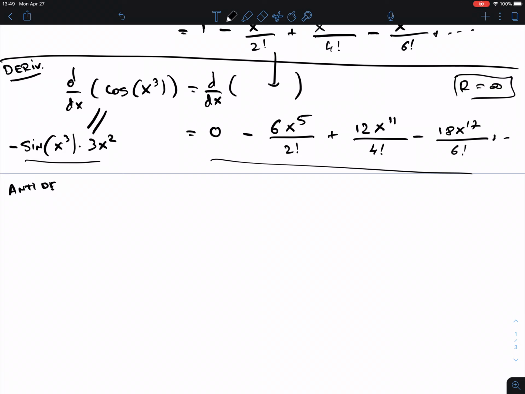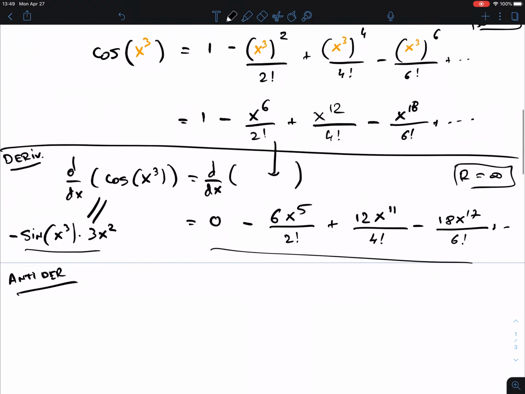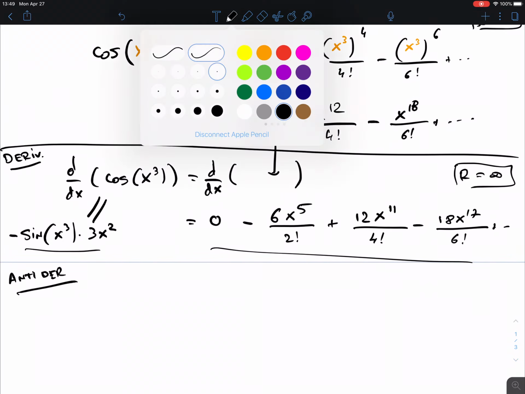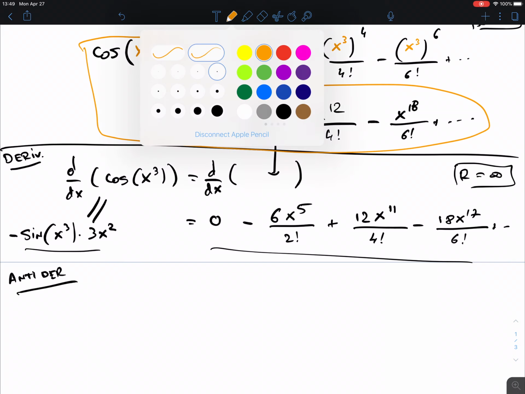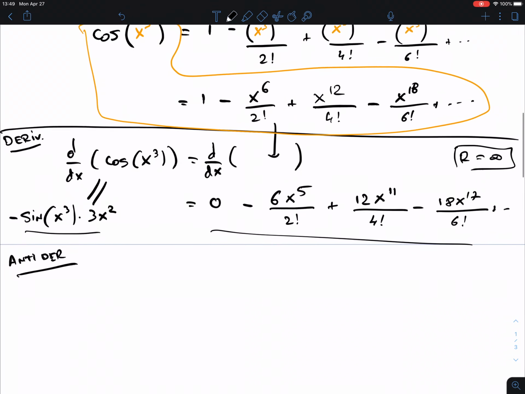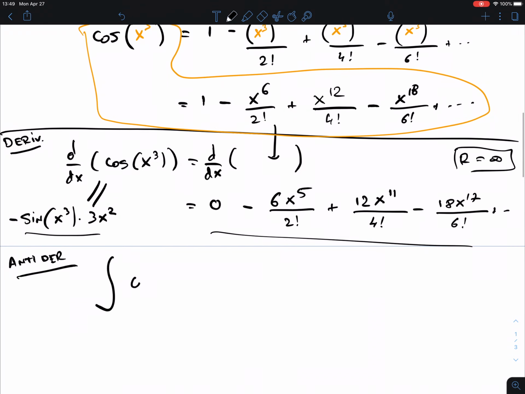This is more interesting. And I'm going to again use my cosine x cubed here. Let me box it a little bit. So this is the series that I have, right? This is, as you want, a new series. And I can now take the antiderivative, so I can look at this. Why I say this is much more interesting is because the antiderivative that I just wrote down exists.